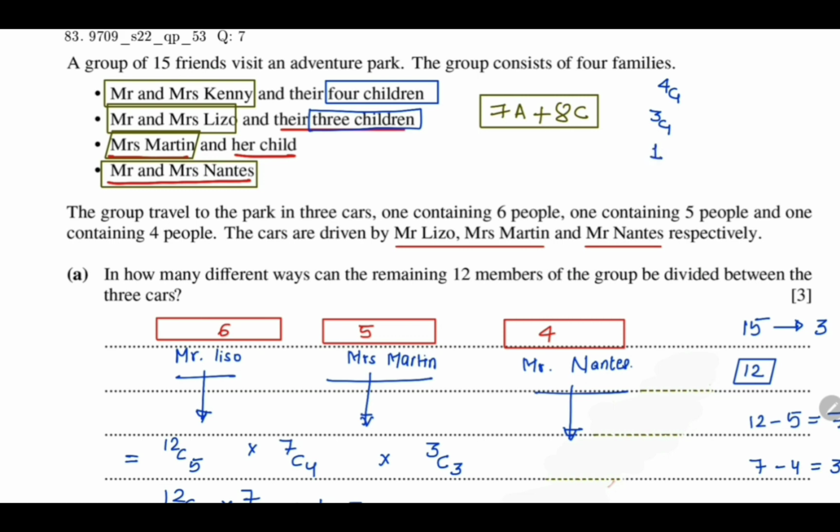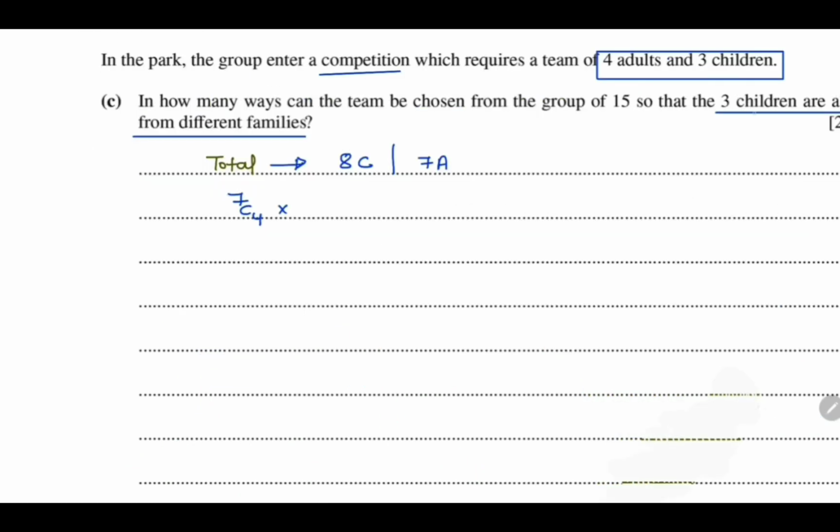So again we will go back to our question. Now these 3 children can be selected in 4C1, as we have seen, 3C1 into 1C1, which is 1 only, number of ways. This is our final answer. This is the total number of ways.